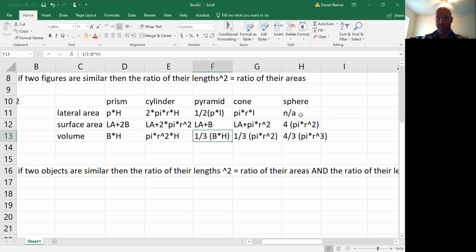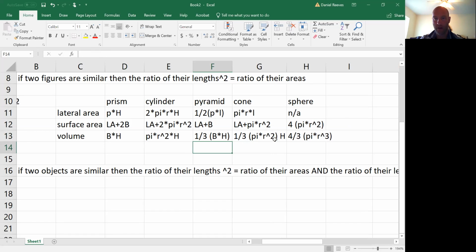For any sort of pyramid, including cones, it's 1/3 base times height. The base is that pi r squared business. We can make this a little bit bigger so we can see that all now. And the volume of a sphere is given by the awkward formula 4/3 pi r cubed, which makes some sense once you get to calculus.